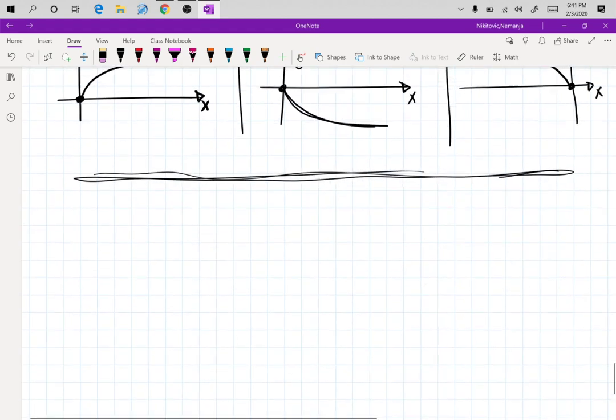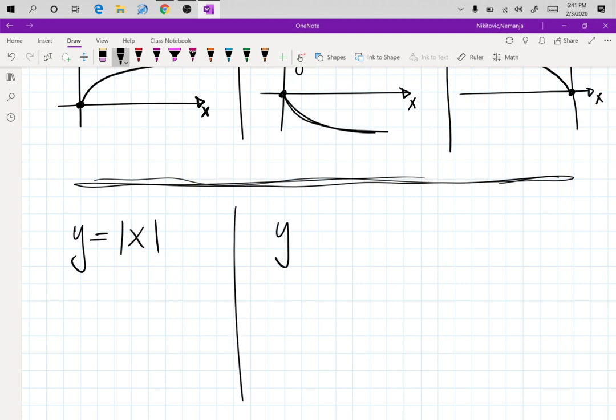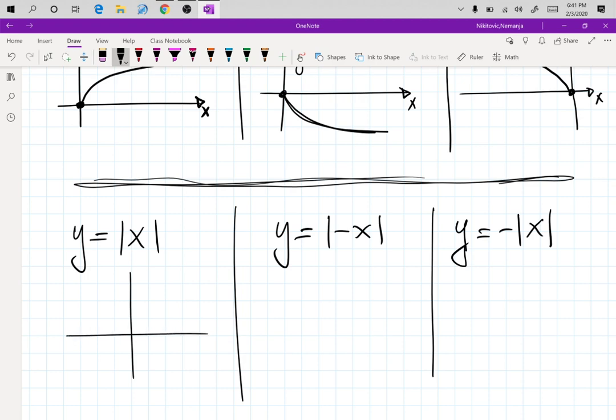So now what do we do? Let's say we have y equals absolute value of x, y equals absolute value of negative x, y equals negative absolute value of x. The basic function is the one that goes 45 degrees like that, both sides, and we leave it alone.